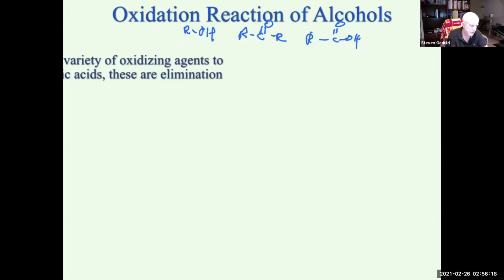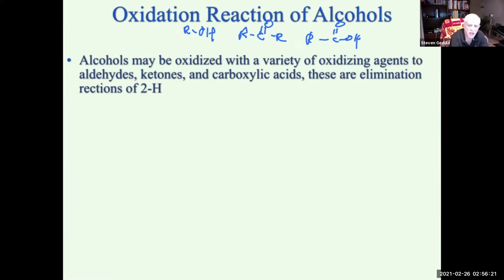Okay. So alcohols may be oxidized with oxidizing agents to aldehydes, ketones, carboxylic acids. These are elimination reactions of 2 hydrogens. So we're pulling hydrogens off to increase the bonds to oxygen.